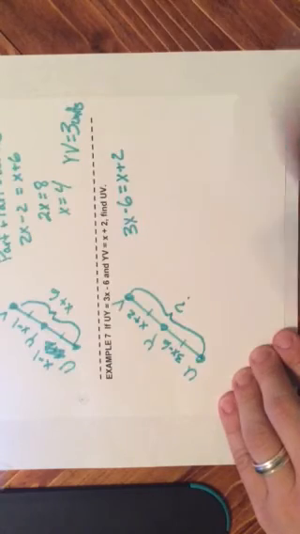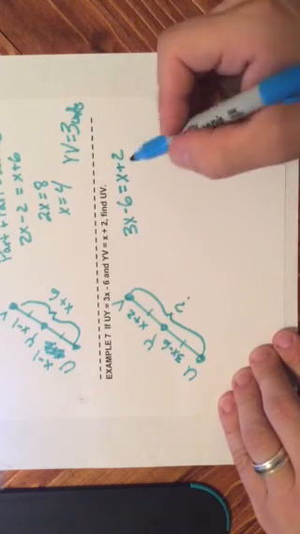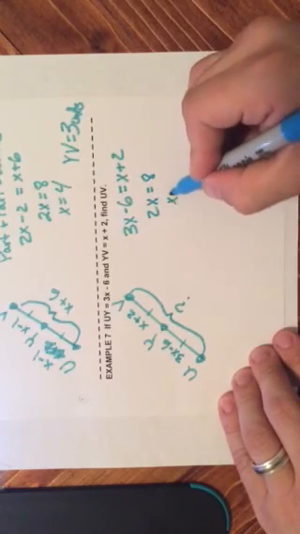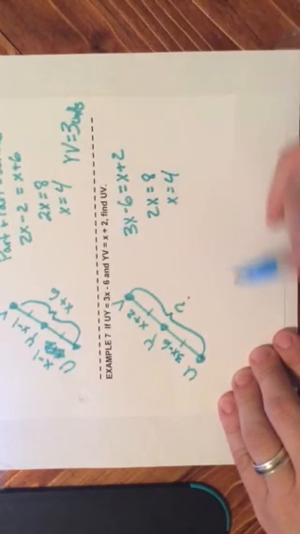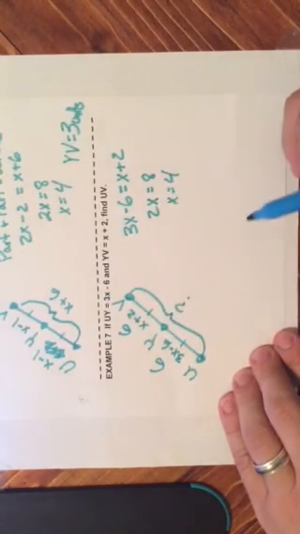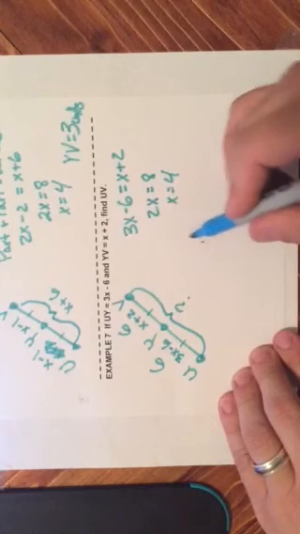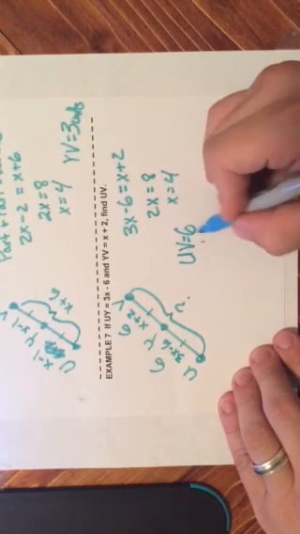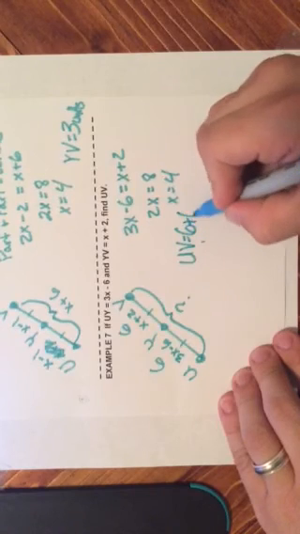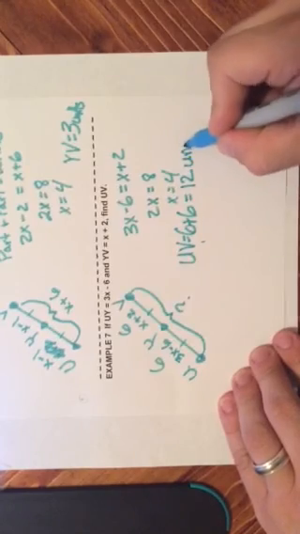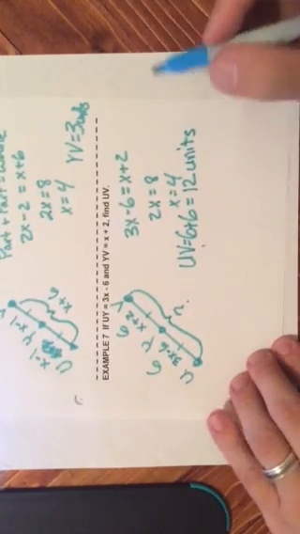So 3x minus 6 equals x plus 2. Go ahead and solve for x. X equals 4, so go ahead and plug that back in. Each of those pieces should be 6, which means that my distance from u to v would be not 6, but 6 plus 6, which is 12 units.